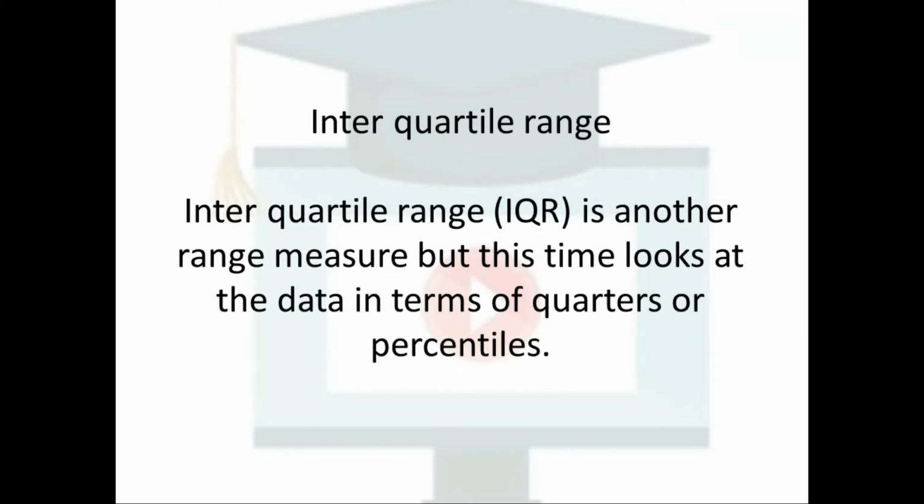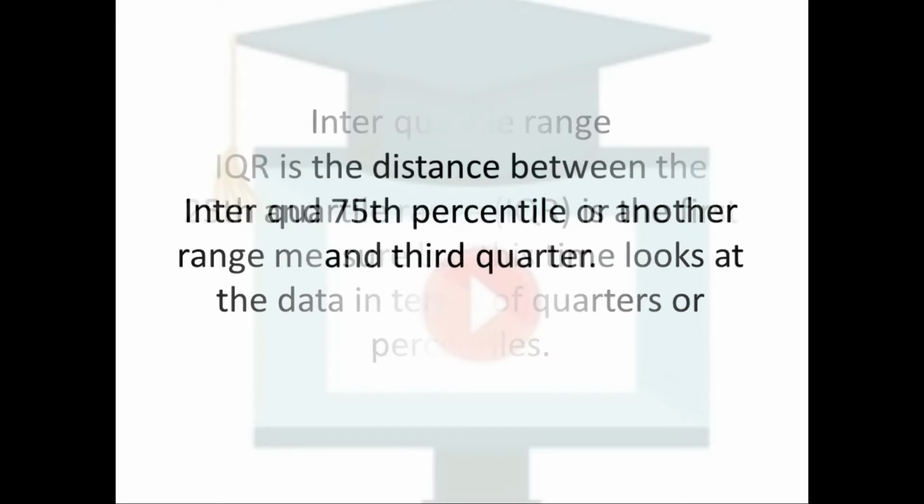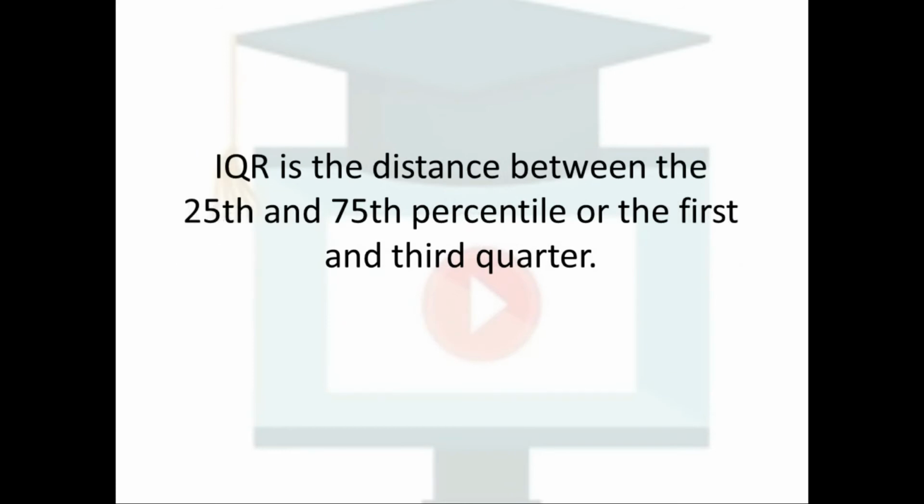Interquartile range is another range measure, but this time looks at the data in terms of quarters or percentiles. It is the distance between the 25th and 75th percentile or the first and third quarter.